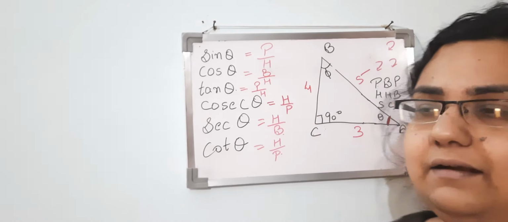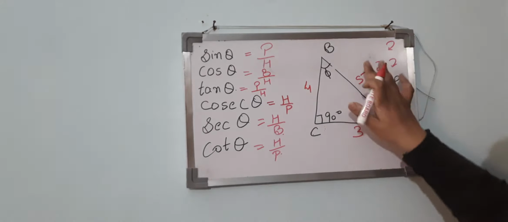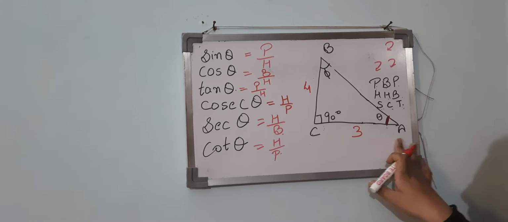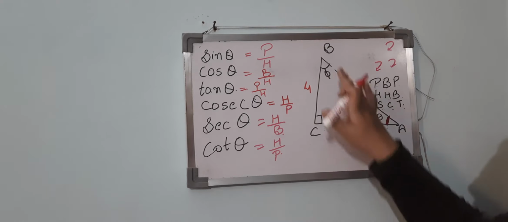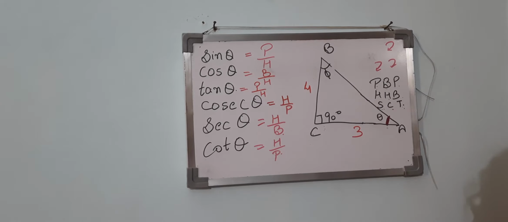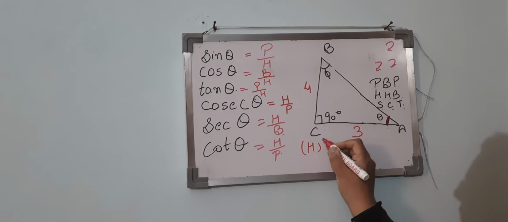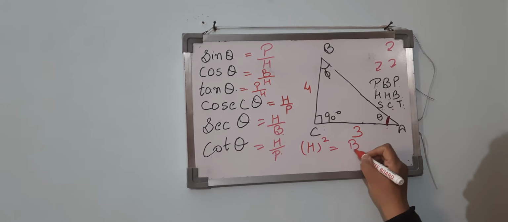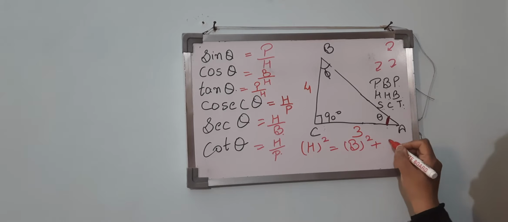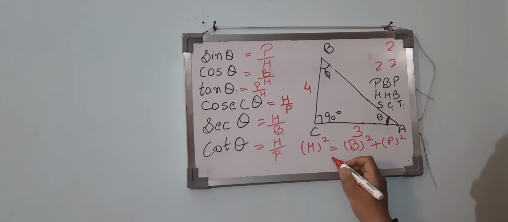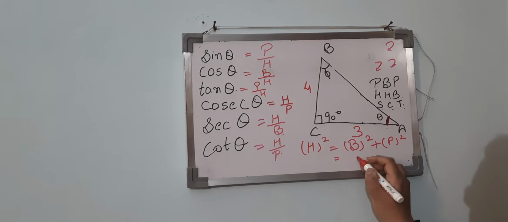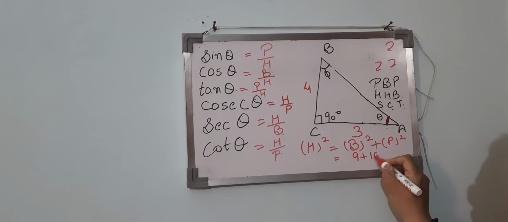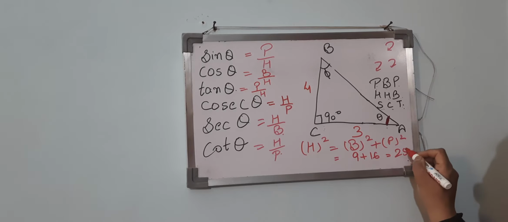Here we can see one more thing. In a right angle triangle, suppose you are given only two sides, one base and one perpendicular. How can you find the hypotenuse? In a right angle triangle, hypotenuse square equals base square plus perpendicular square. So this is 3 square plus 4 square, which is 25.